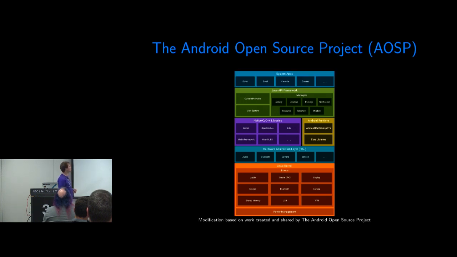And on top of that, we have the system applications. There's quite a few system applications that are in the AOSP. As I said, we're not using those. We're actually just running on top of the API framework. If you want to, you can cut out the Java parts of this and run something that's more similar to an embedded Linux, with C and C++ libraries, and running a headless Android.